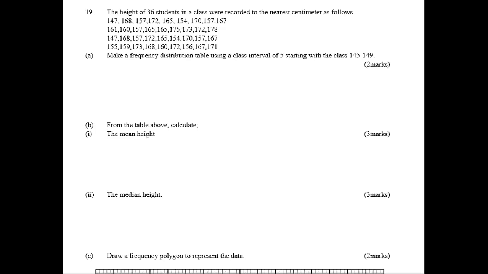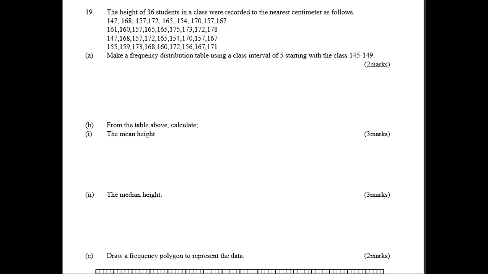Yes, are we done now? I want to imagine that we have our tables and our frequency. We have classes from 140 to 149, 150 to 154, 155 to 159, 160 to 164, 165 to 169, 170 to 174, and finally 175 to 179.